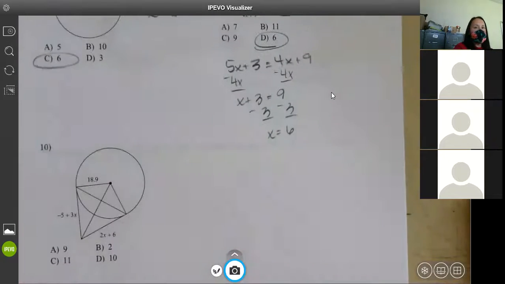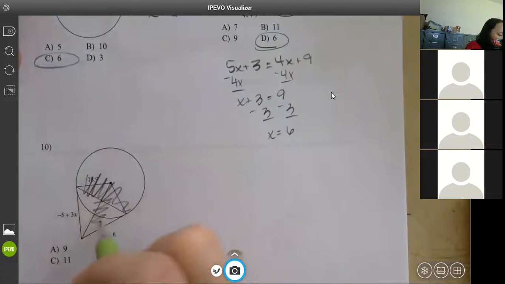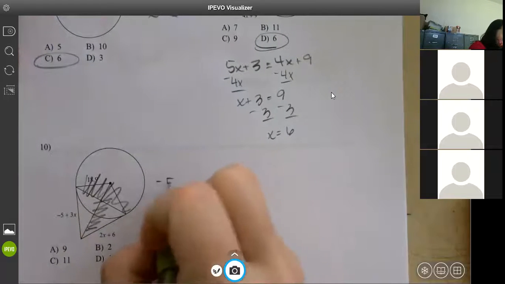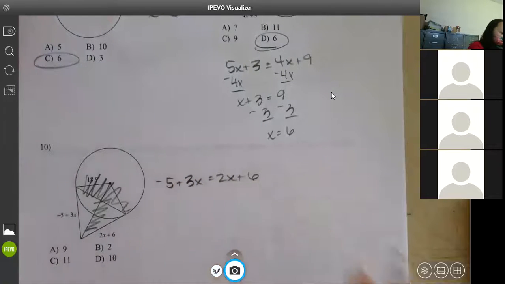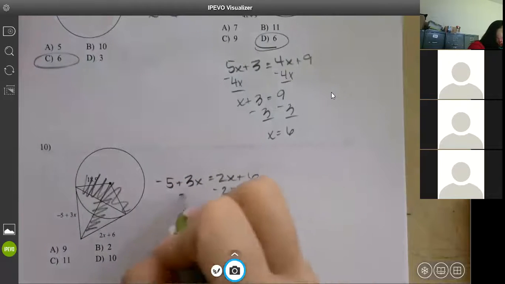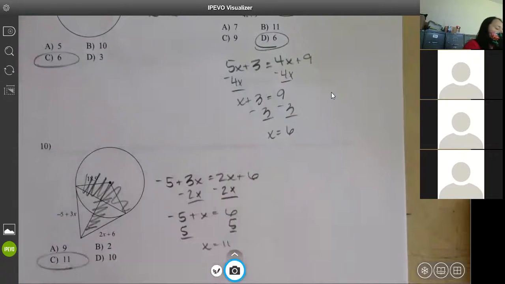And then one more, and we're done. Again, unnecessary stuff, because we know that -5 plus 3x is the same as 2x plus 6. We're going to subtract our 2x. We get -5 plus x equals 6. We're going to add 5, and x equals 11. Any questions?